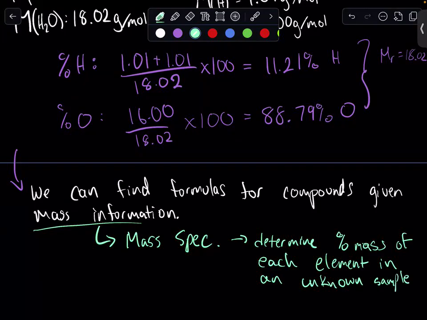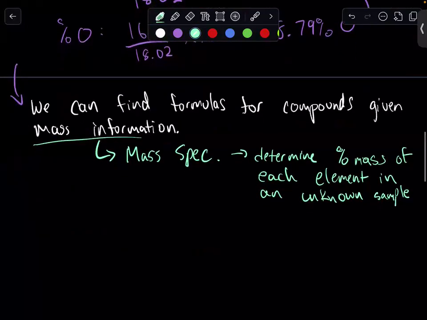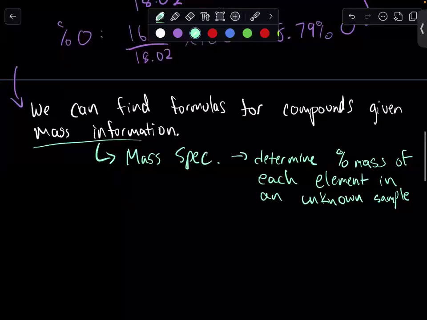What that means is we can get an unknown sample of any element or any compound or anything, and we can figure out the percent mass of each element. And so we can use these to then find out chemical formulas to figure out what a sample is made of.